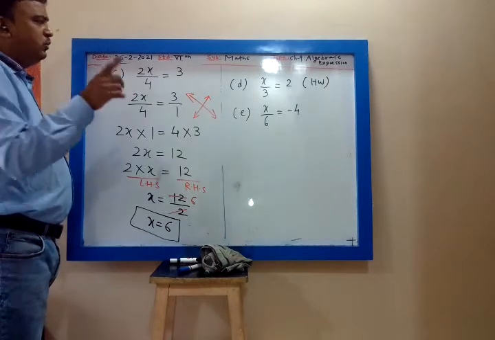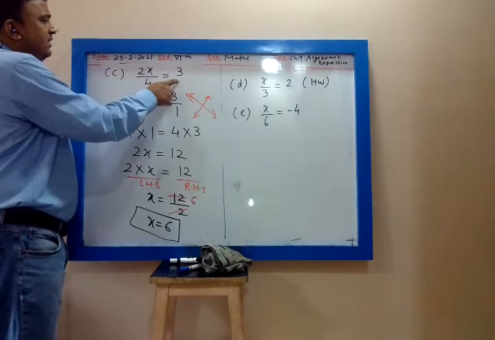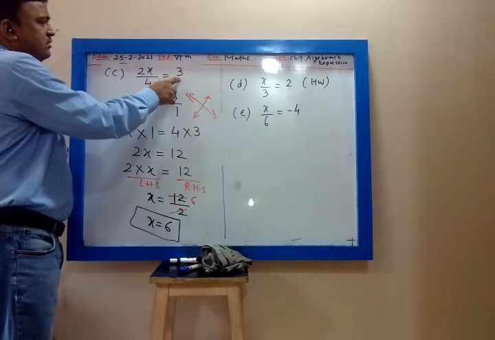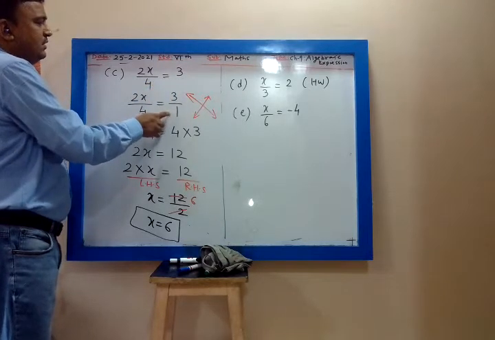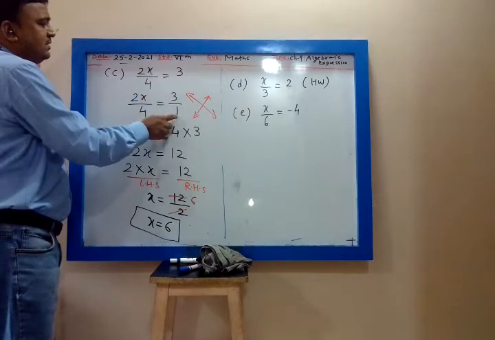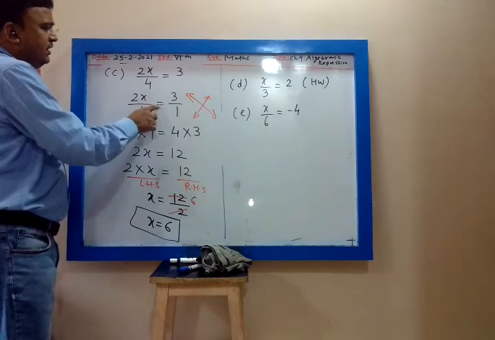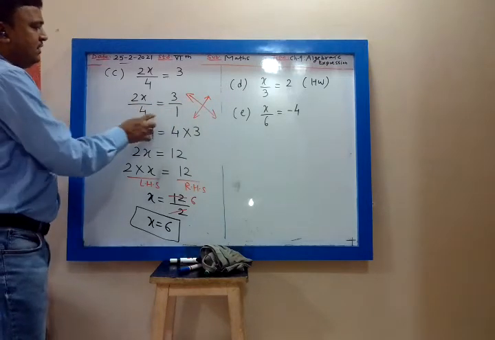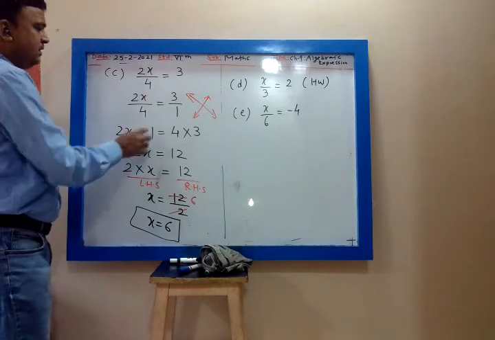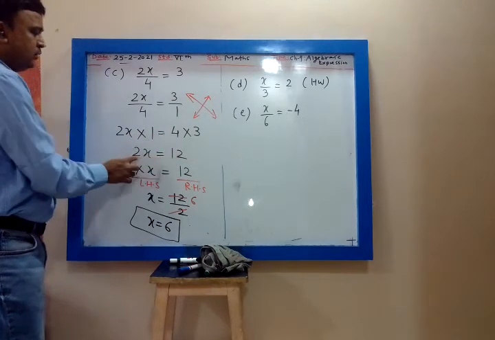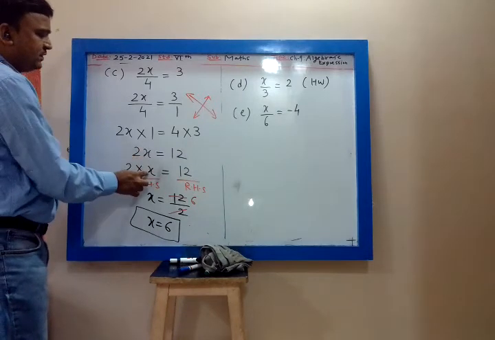2x upon 4 is 3. 2x upon 4 is a fraction, so this 3 we also write as a fraction, with denominator 1. Now 2x upon 4 is a fraction, 3 upon 1 is another fraction. Whenever you have equality of two fractions, you have to cross multiply. So 2x into 1 is equal to 4 into 3. 2x into 1 is 2x. 4 into 3 is 12. 2x means 2 into x.